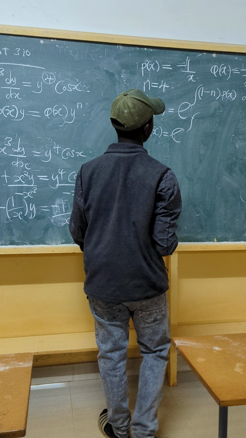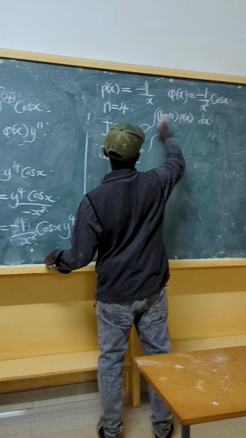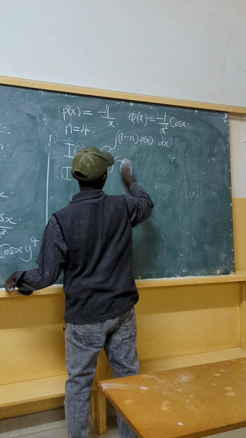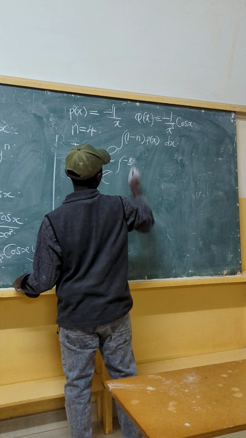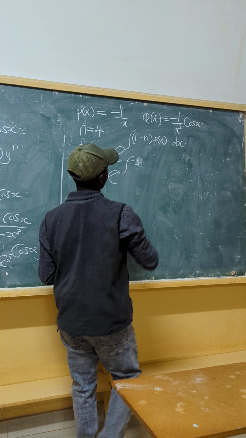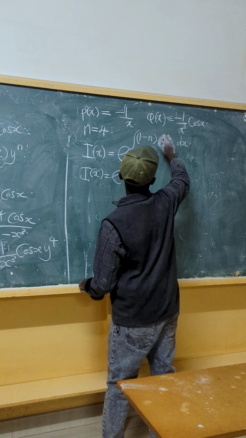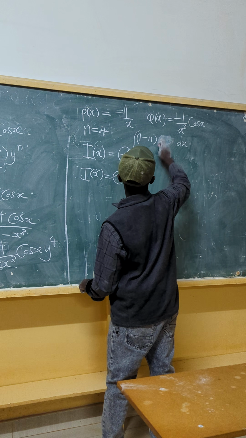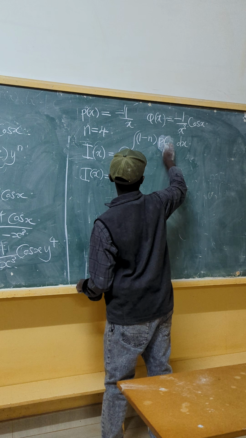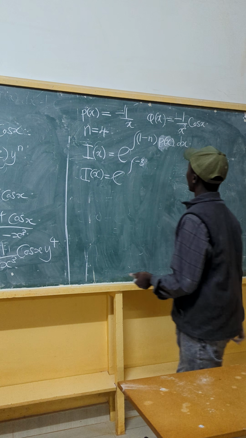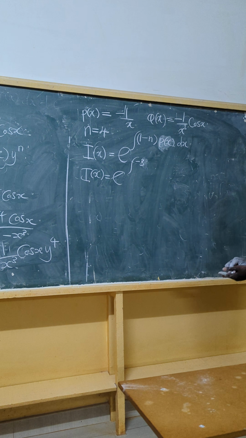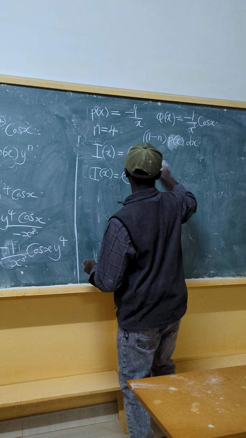Where there is n, you substitute 4, so we remain with negative 3. Where there is p of x, we substitute negative 1 over x.